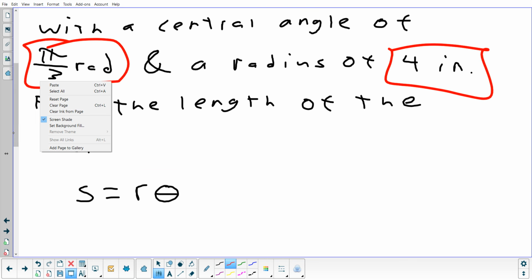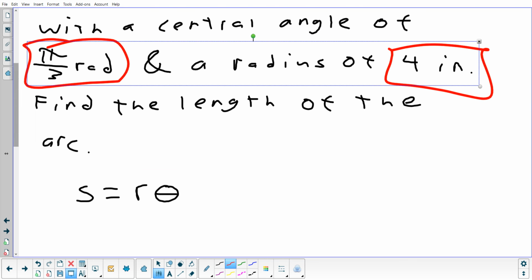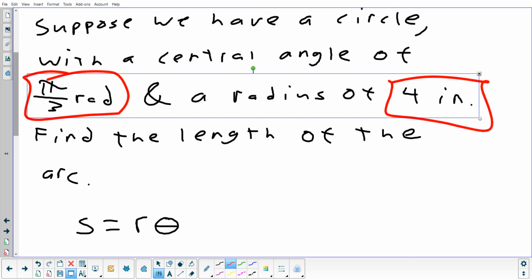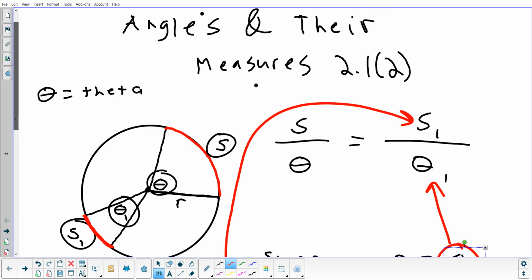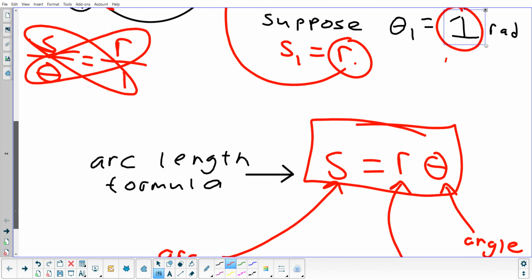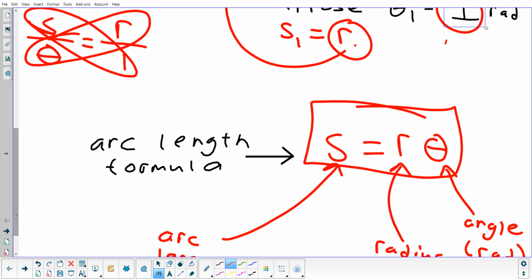Yeah. So if you read this, it says an angle of pi over 3. So pi over 3 is what the angle is in this problem. We have an angle of pi over 3, and the angle is always theta.